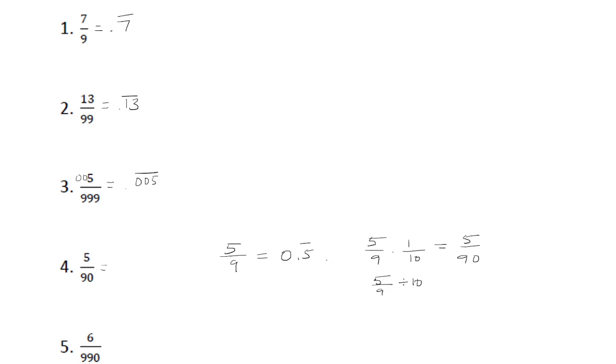And if we're dividing by 10, we have to move the decimal over to the left. So the decimal goes this direction. So it'll be 0.05 repeating. And only the 5 is going to be repeating in this case.